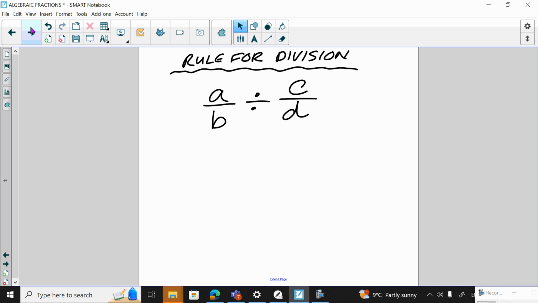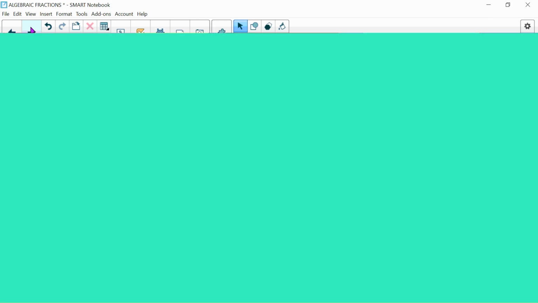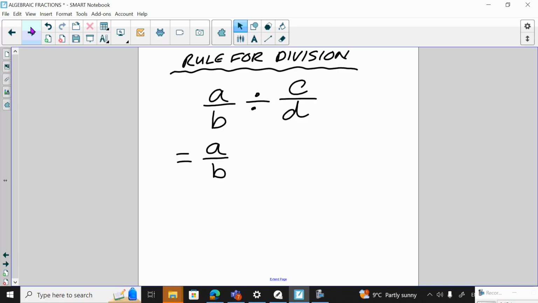Right, so here, without drawing pizzas or pies, whatever, here's the rule. To do a fraction divided by a fraction, we don't like division with fractions, so what we do, we keep the first fraction, and instead of dividing, we just multiply. But we can't just go from divide to multiply, so there has to be something else that goes on.